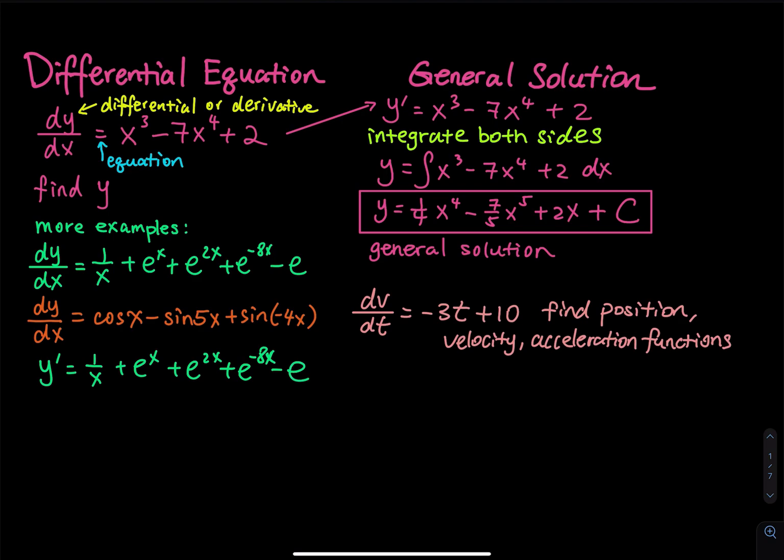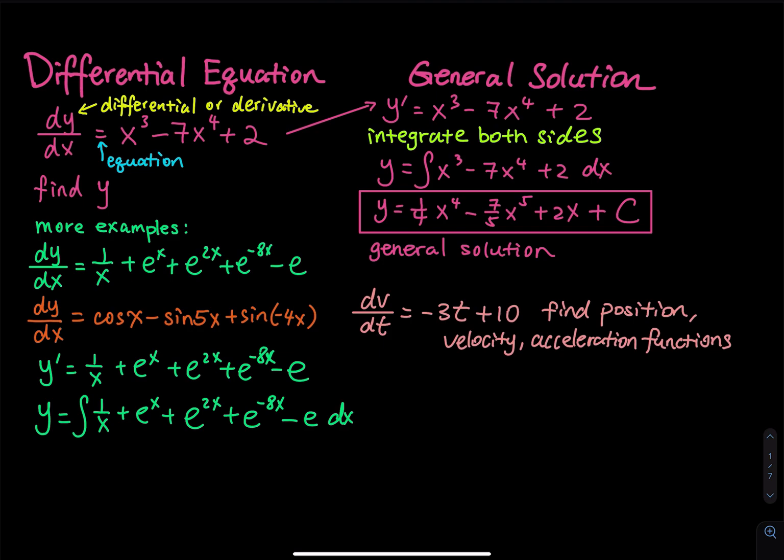And then to find y, you can say we integrate both sides, or you can just go ahead and take the integral. So y is equal to the integral of 1 over x plus e to the x plus e to the 2x plus e to the negative ax, and then minus a constant e, dx.